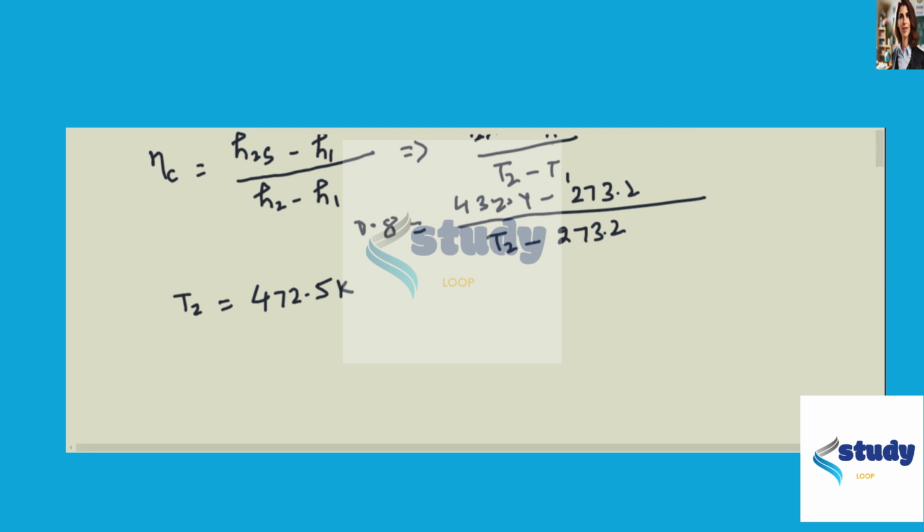Temperature at 4 state can be determined again by temperature pressure relation for adiabatic process. It is defined as P5 upon P4 whole to the power K minus 1 upon K. Substitute the value.